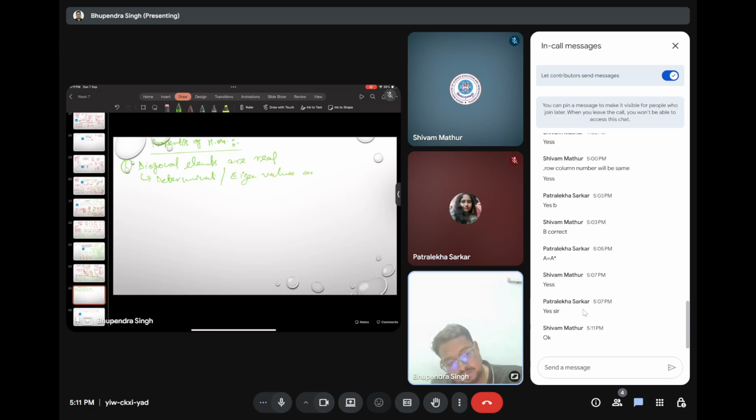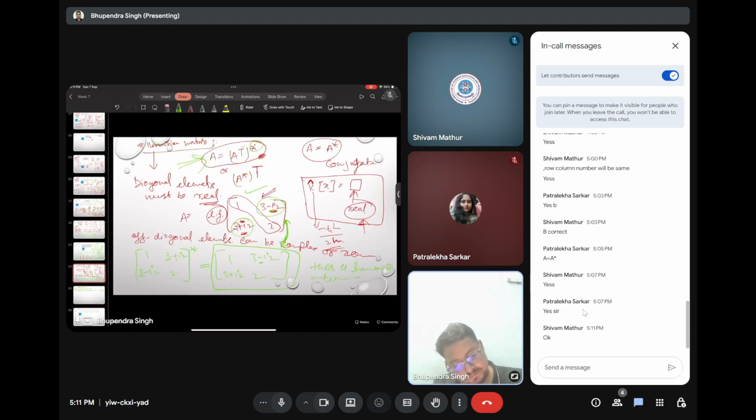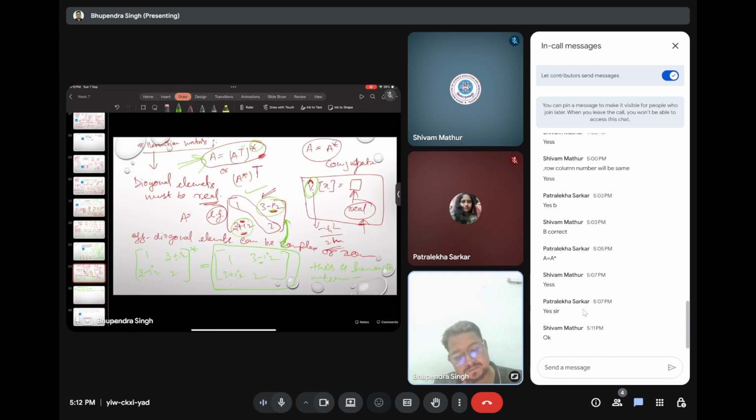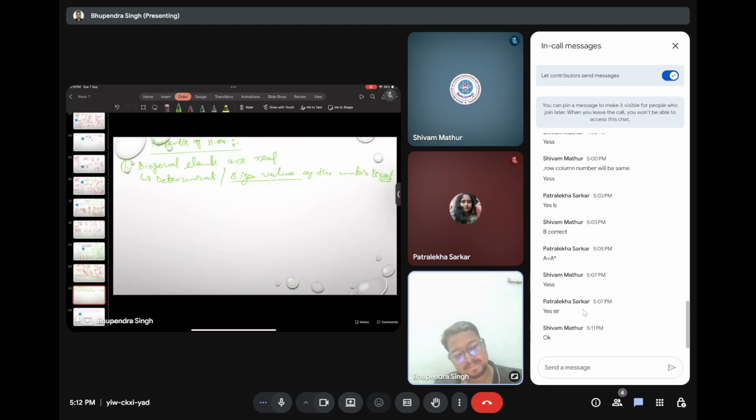Eigenvalue of the matrix is real. See here, eigenvalue, eigenvalue. So basically these operators are matrices only. So you will get a real number.